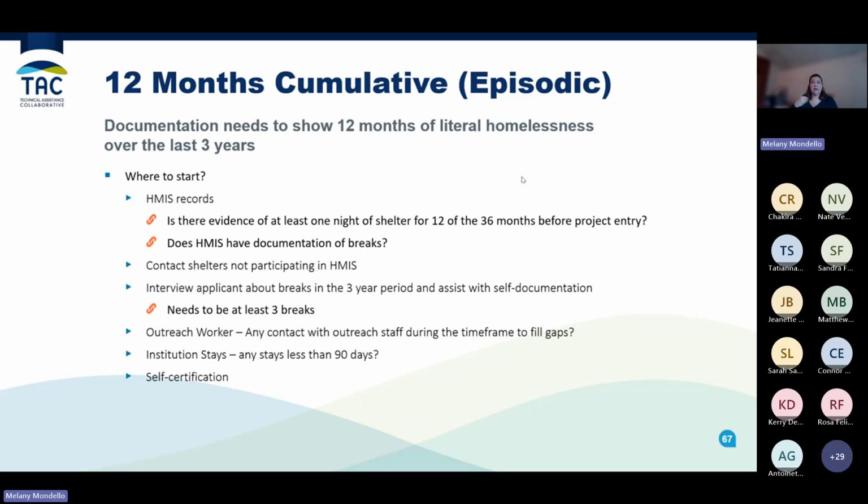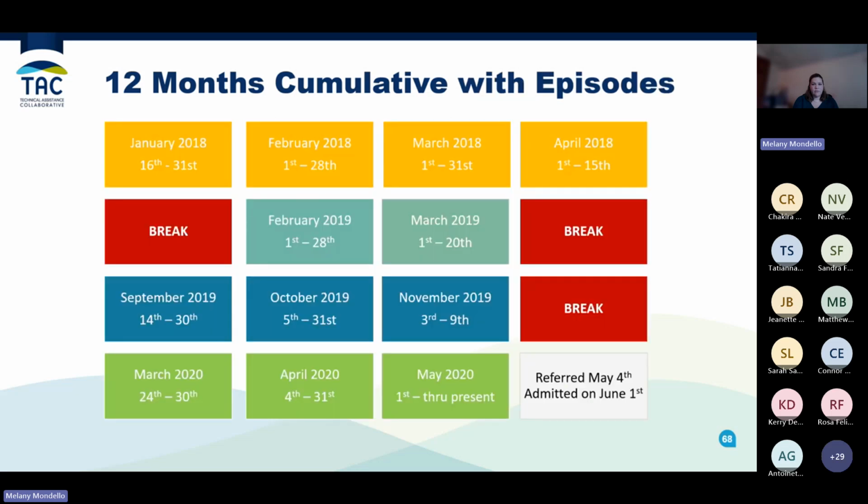It is the responsibility of the receiving project to do this because they're the ones spending the federal funds. But as a system, anything you can do to support people being what we call document ready, so they can move as quickly as possible through the intake and approval, is good.